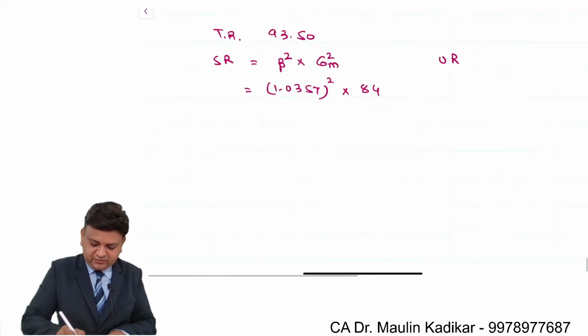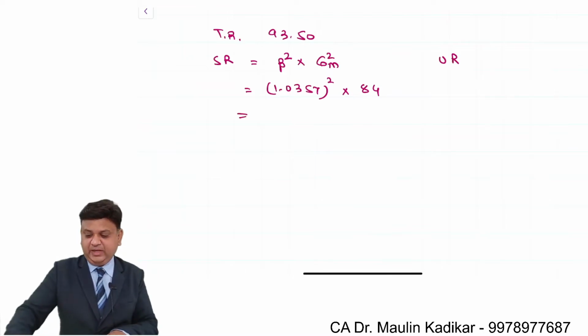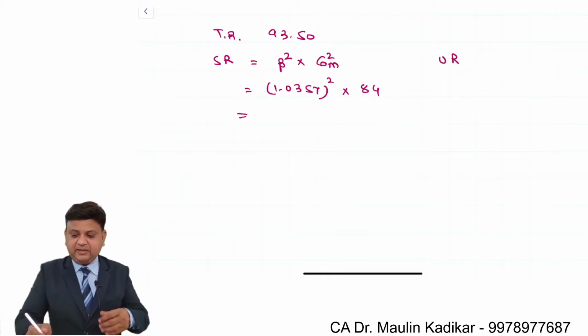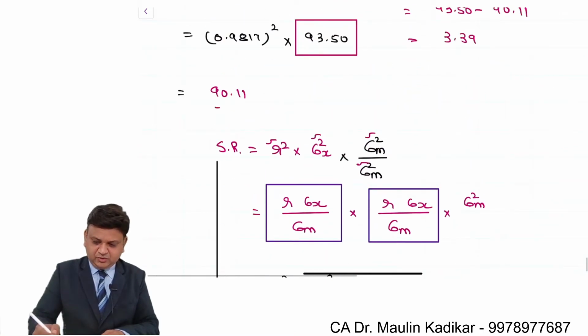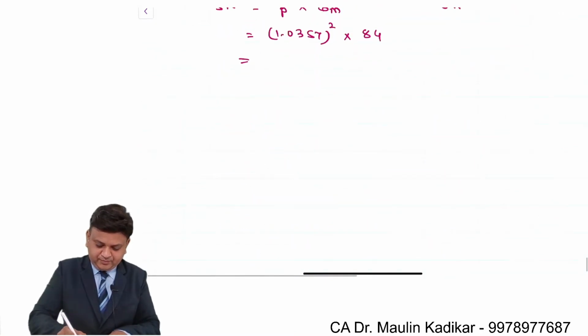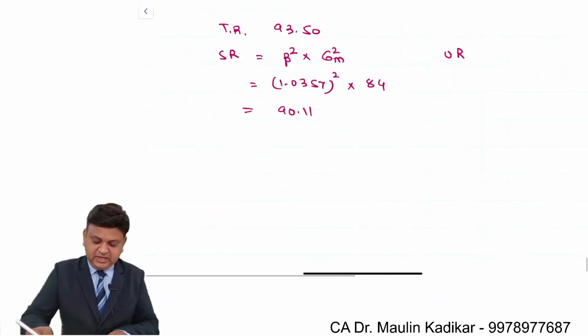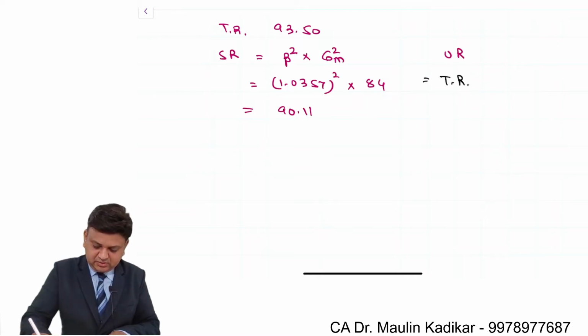So this is 84. Use a calculator along with me. 1.0357 square into 84. That comes to 90.10. So it is very near to this. So I am writing the same value so that there is no confusion. Unsystematic risk is the balancing figure, that is total risk minus systematic risk.